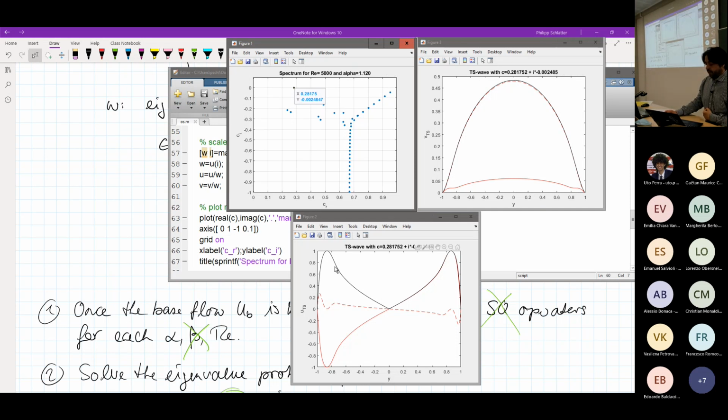And then figure number 2 and figure number 3 here, they will correspond to the eigenvector that corresponds to exactly this most unstable eigenvalue. And this here is now the shape of how my most unstable disturbance would look like. What you see here is the U disturbance and the V disturbance.